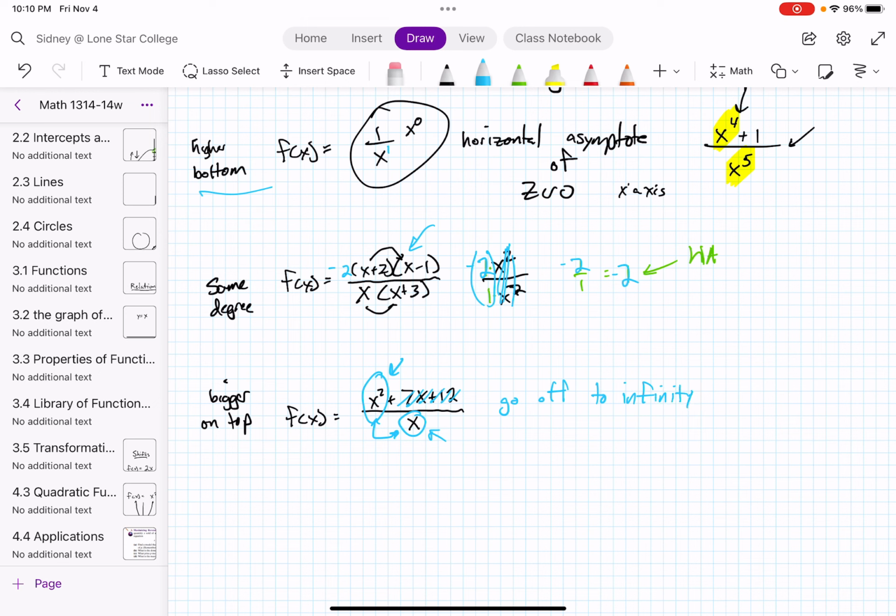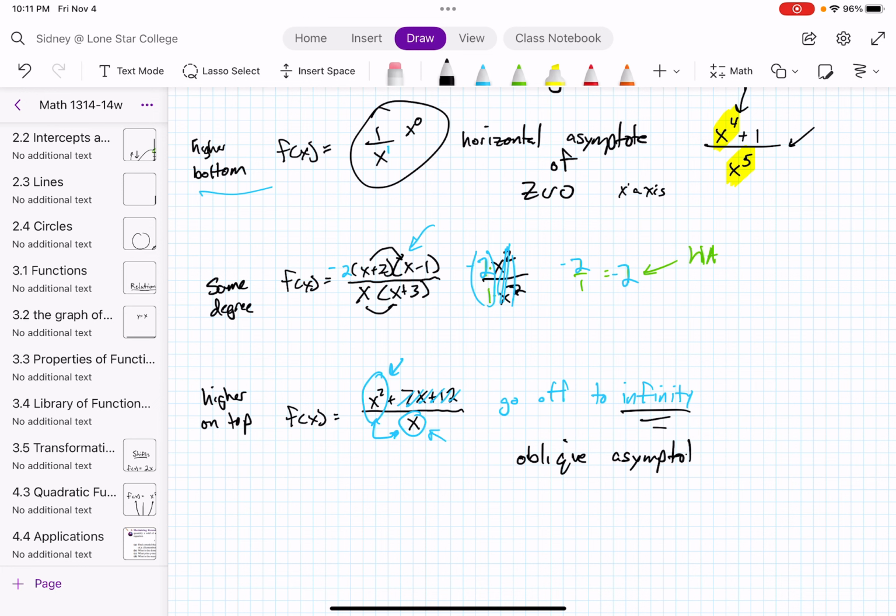For this video, we're going to leave it at that. It's going to go off without bounds. When I say without bounds, I don't mean there's no structure, just that it can get really, really big. But in this last case, where the higher degree is on top, it will have a little bit of structure, and it gets a special name: an oblique asymptote, and I'll talk about that in the next video.